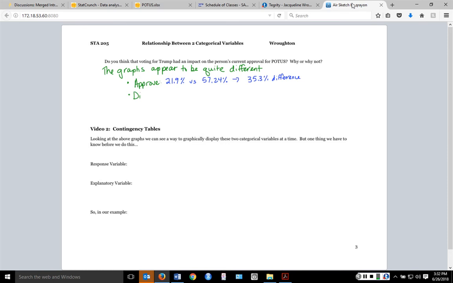And if I look at those that disapprove, if I compare those numbers, we had 72.52% for those that did not vote for Trump, that disapproved, and we had 36.26% for those that did vote for Trump. And that's about a 36% difference.